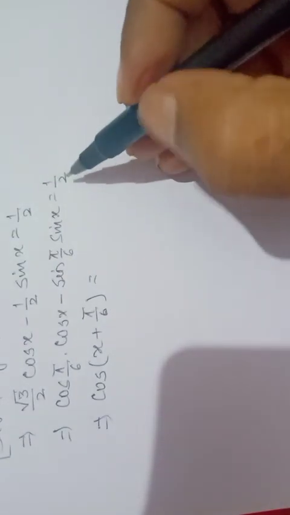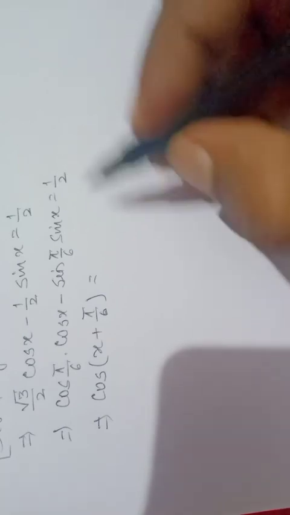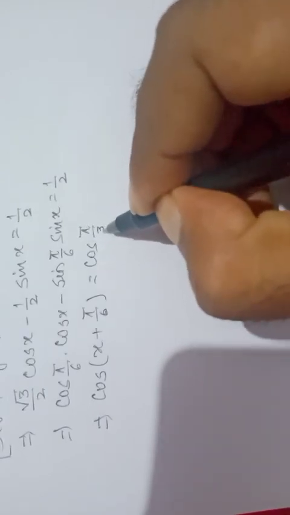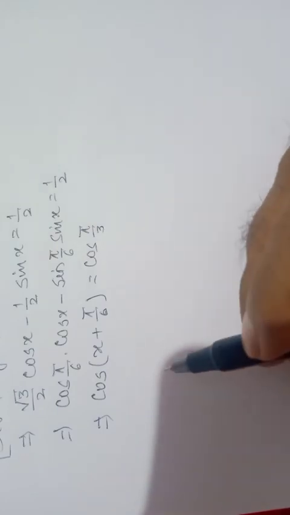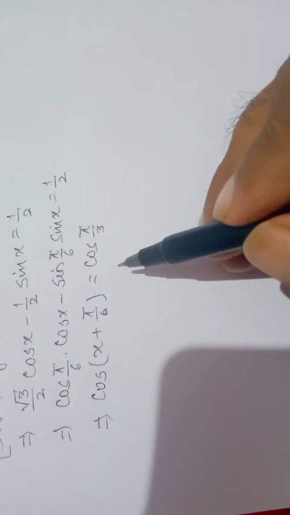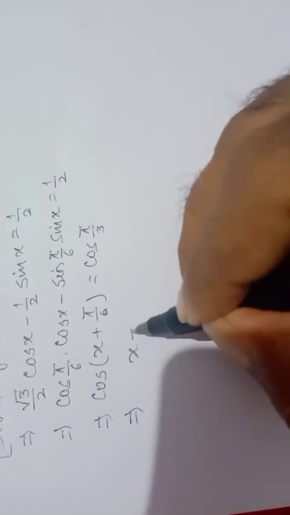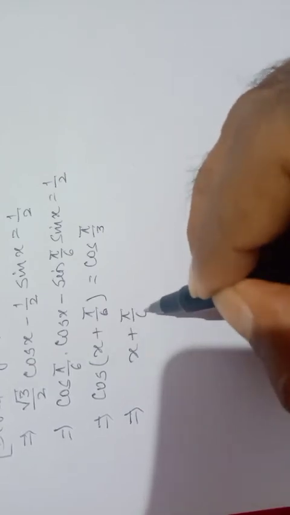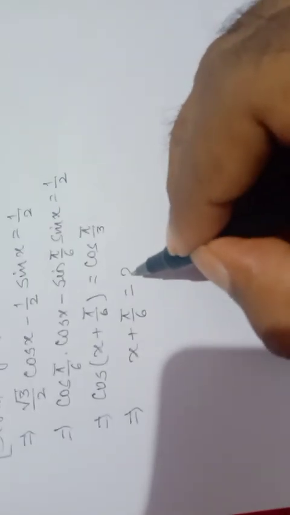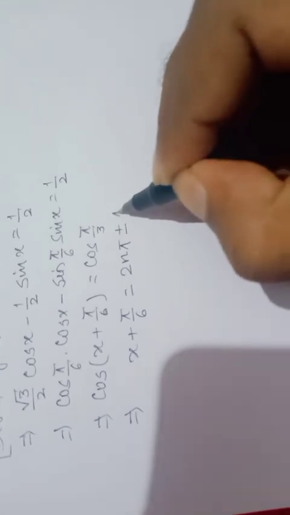Now convert 1 by 2 in terms of cos, which is cos pi by 3. So we arrive at the conclusion that cos theta is equal to cos alpha. So theta, meaning x plus pi by 6, should equal 2n pi plus minus pi by 3.